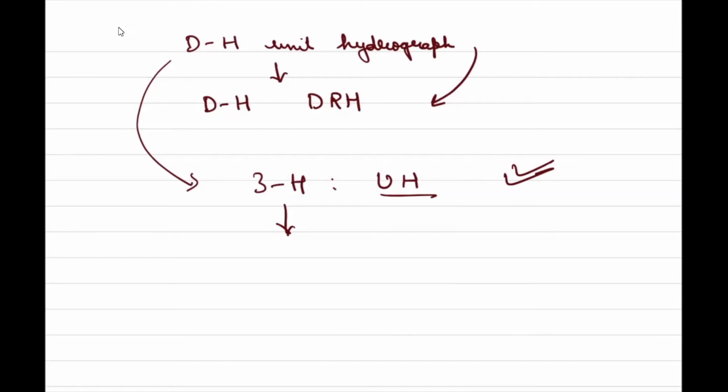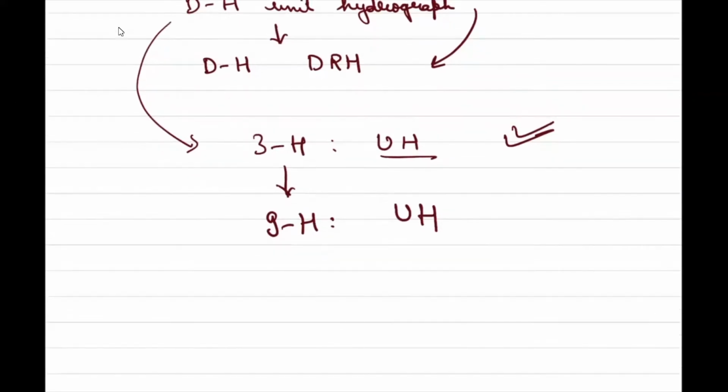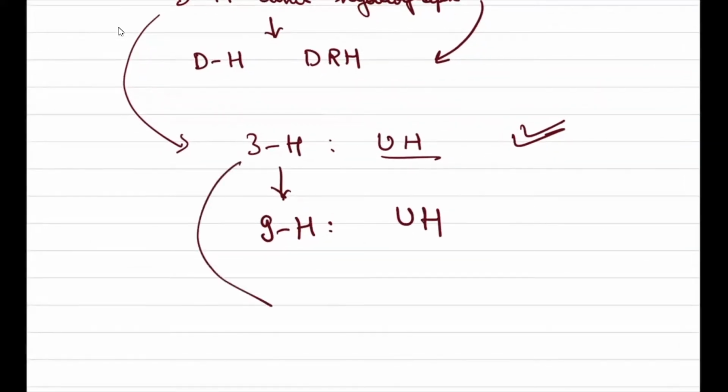But an important question arises: if I have a 3 hour unit hydrograph, how can I derive a 9 hour unit hydrograph? Or if I have a 3 hour unit hydrograph, how can I derive a 5 hour unit hydrograph? And the definition of the unit hydrograph still remains the same. That is 1 centimeter of rainfall, or direct rainfall after accounting for all the losses, happening over a period of 3 hours.